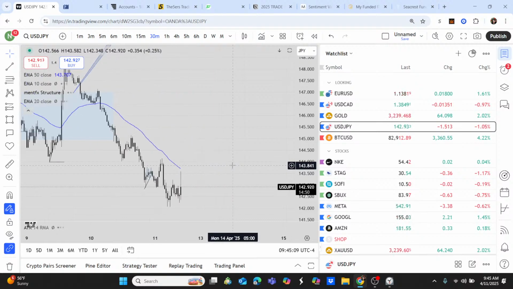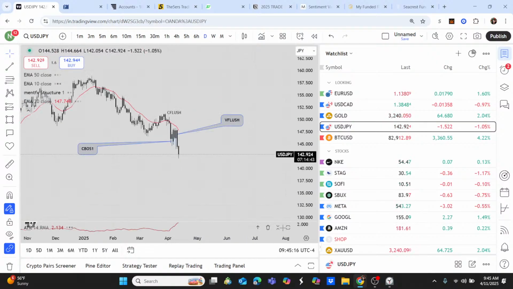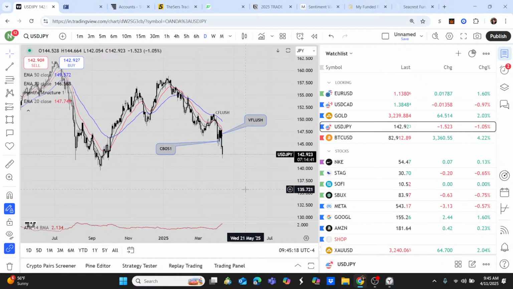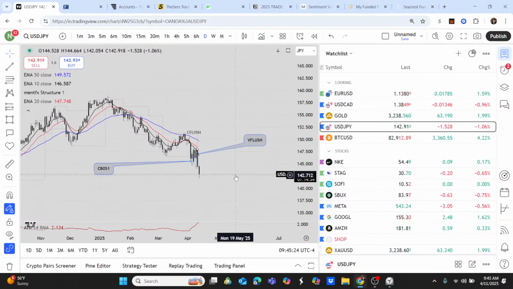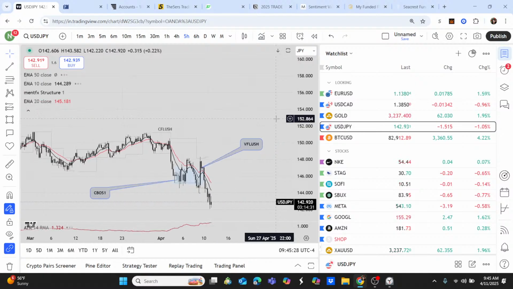USD JPY. Did I analyze that? I don't think so. Let me see. Daily, yeah, we already know this is bearish for daily. 5 hour, let's see what we got going on.